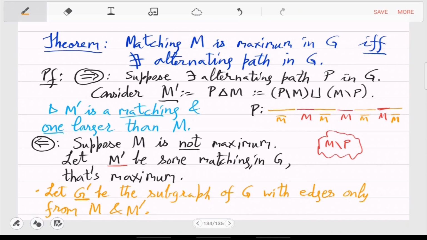So now the degrees in G prime are either 0, 1 or 2. What can you say about these graphs with degree 2 or less? Exactly. From your definition of graphs, you recall that G prime has to be a union of isolated vertices, paths or cycles.